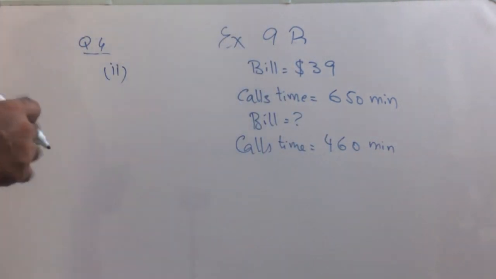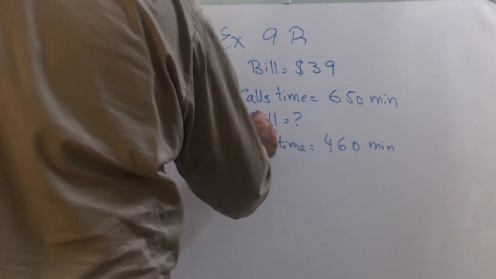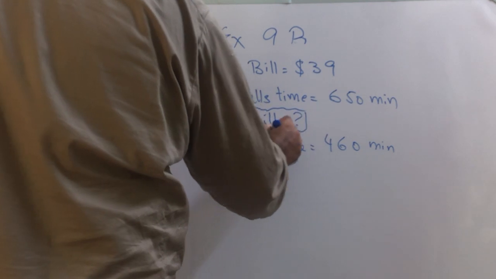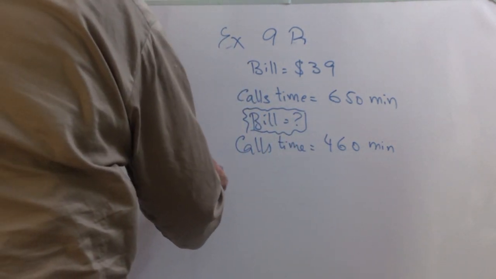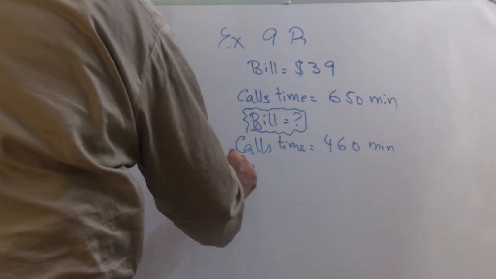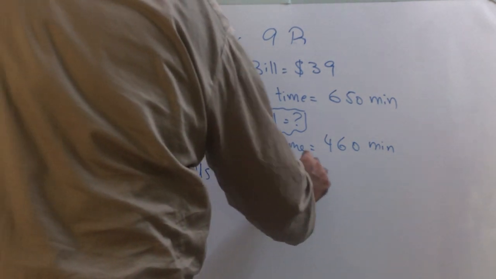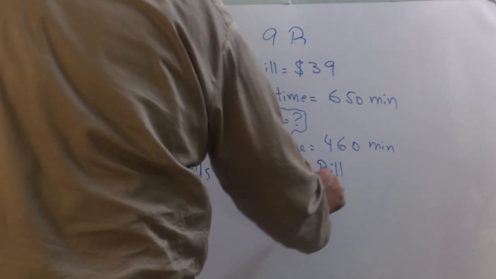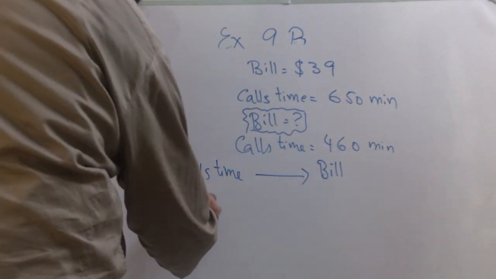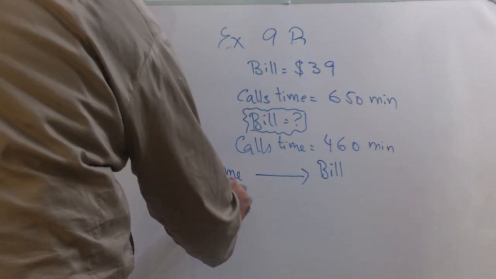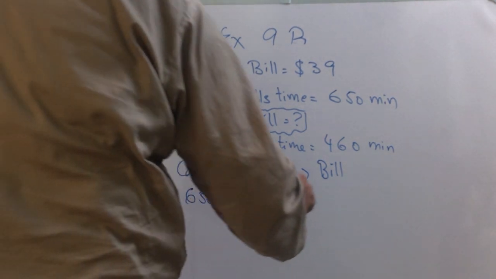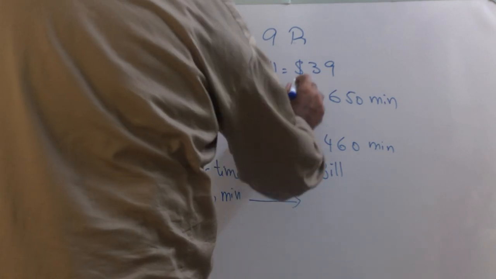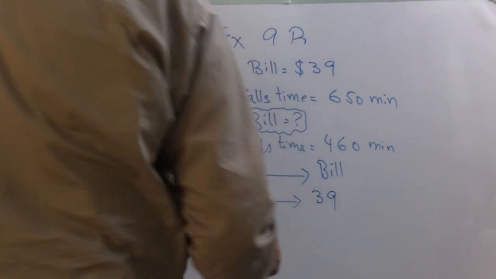So how to solve this is that we need to find the bill. If calls time is 650 minutes, he is paying $39.